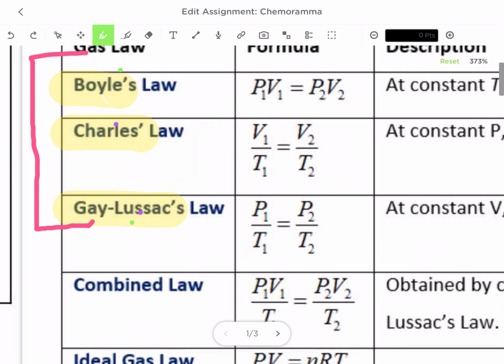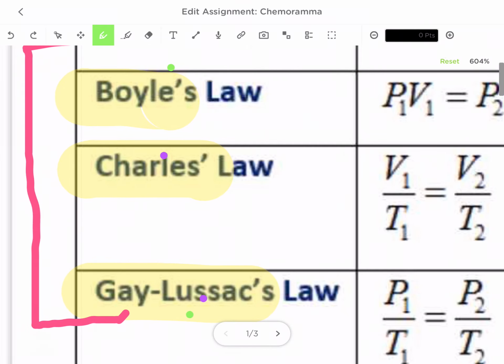He said that Boyle's law has to do with pressure and volume. Now, if I decrease the volume of something, what happens to the pressure?